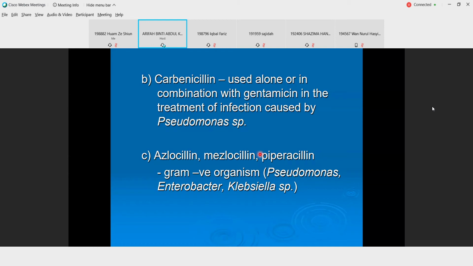They are used in the treatment of Pseudomonas species. The other drugs would be like piperacillin and so on. These have an extended spectrum of activity, effective against gram-positive and gram-negative organisms such as Pseudomonas, Enterobacter, Klebsiella, and so on.